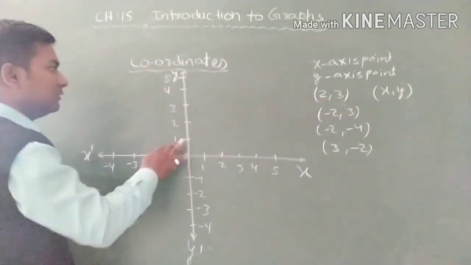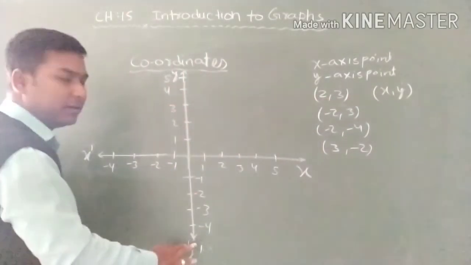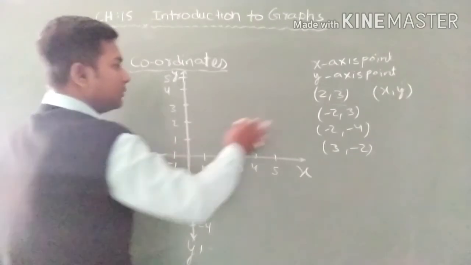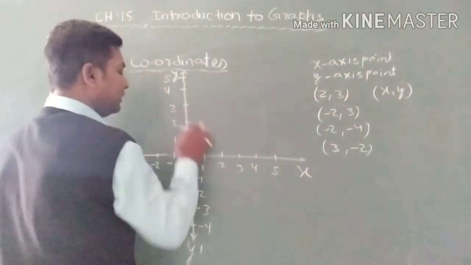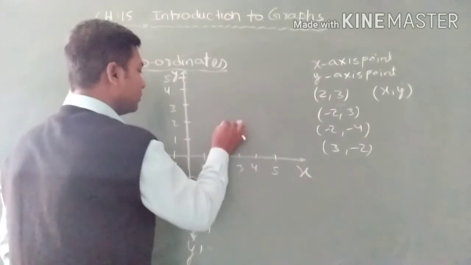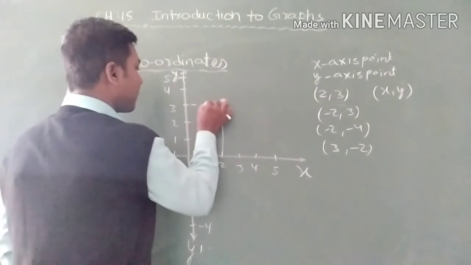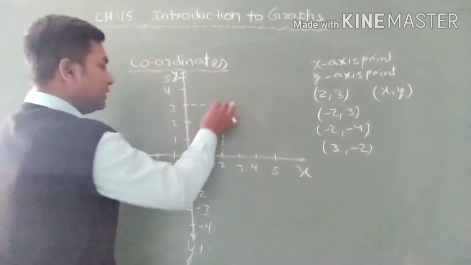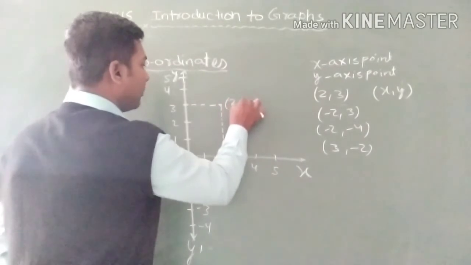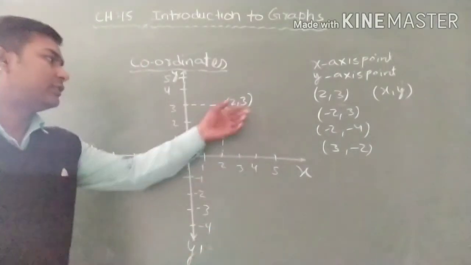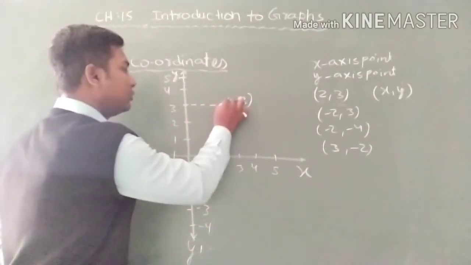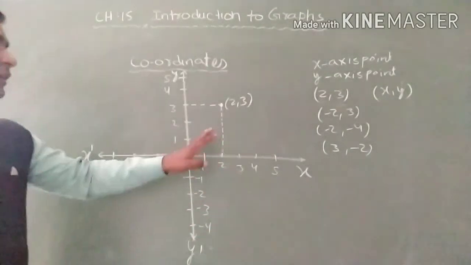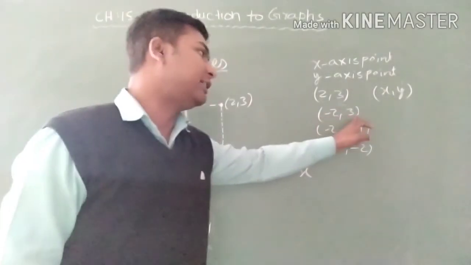So at the y-axis this is positive and this is negative. So it goes up to 3. So 1, 2, 3. Now from 2 it goes up to 3. Now this point is known as (2, 3). Okay. So this point is the coordinate of (2, 3). Is it clear to everyone? So it's very easy.